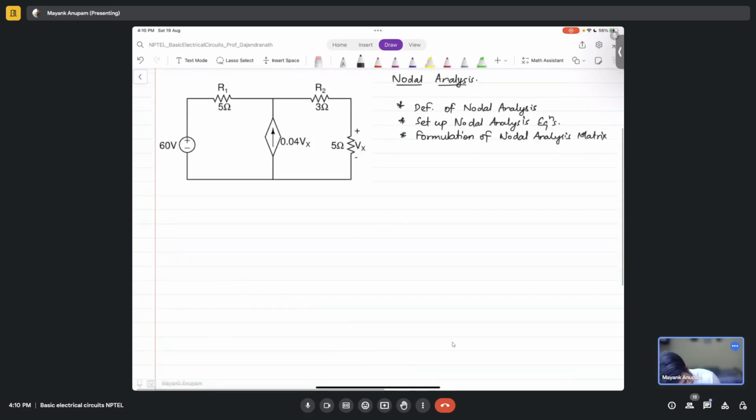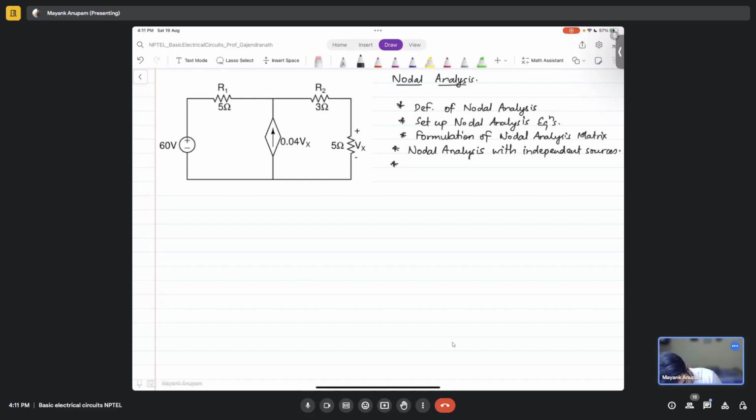Okay. Next will be nodal analysis with independent sources, right? No problem here. Okay.